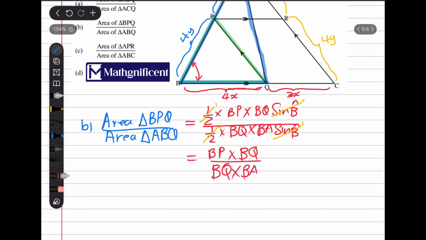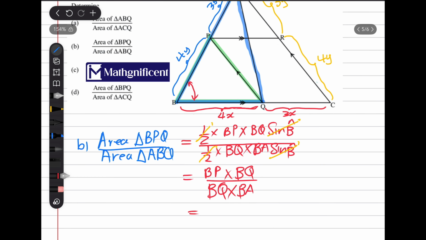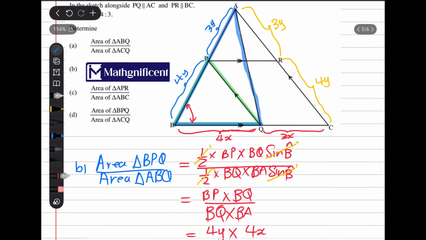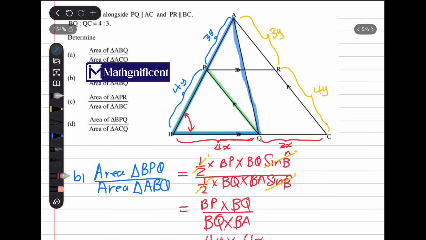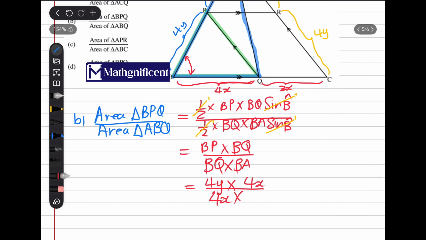So what is the value of BP? Remember, the value of BP is 4y. The value of BQ is 4x. The value of BQ again is 4x. The value of BA is going to be 7y.